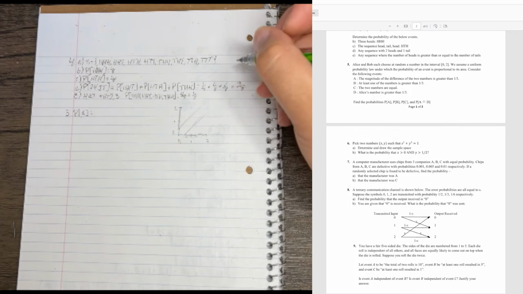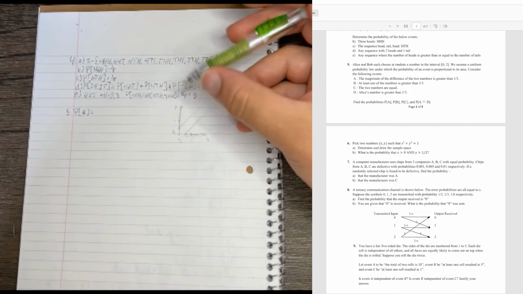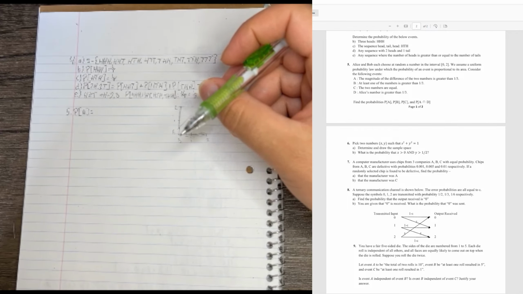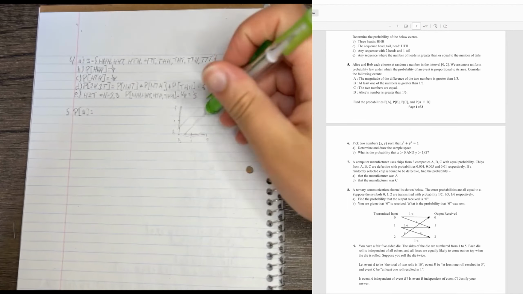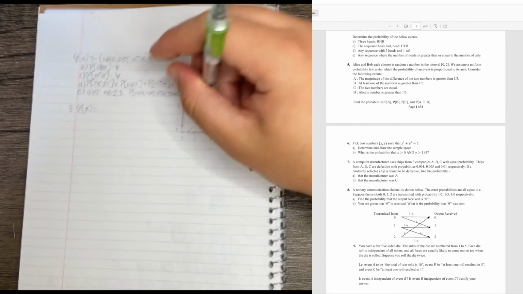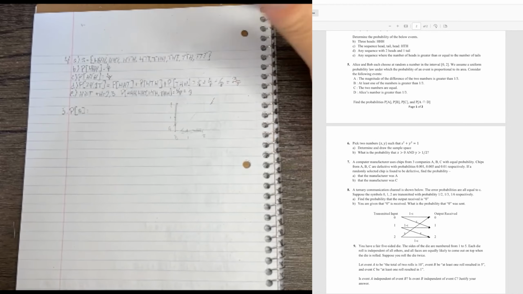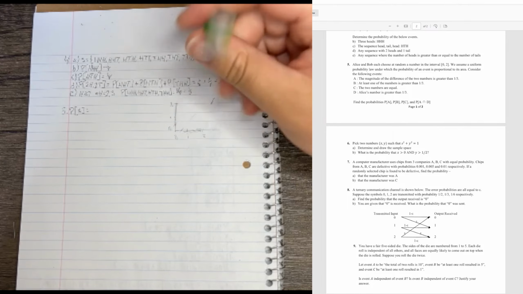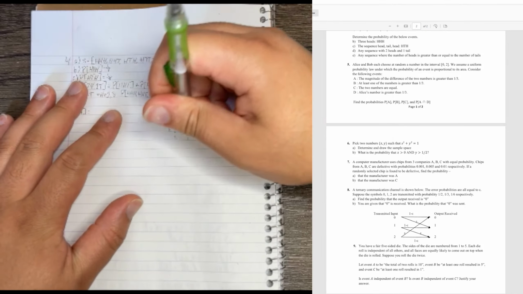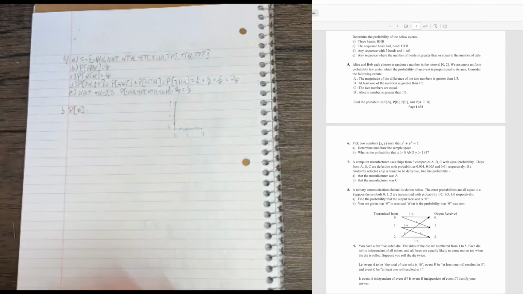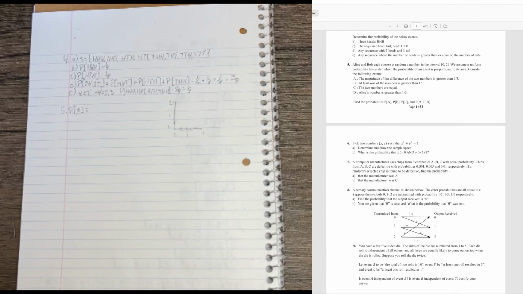That has to be the case to actually make it valid. Okay.